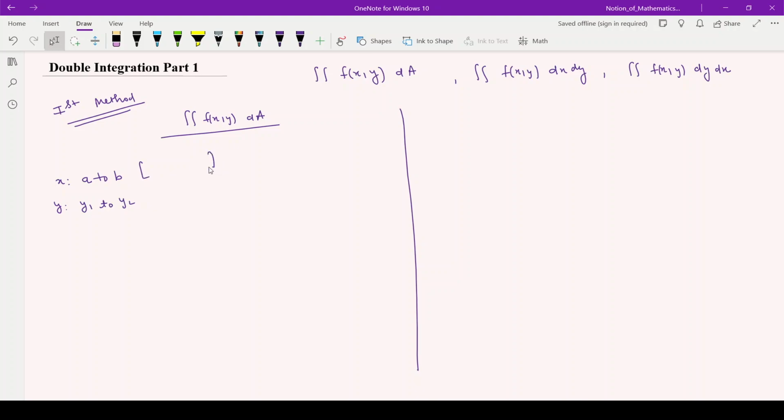So what is our consideration? That the limit of x is constant, and the limit of y is variable.